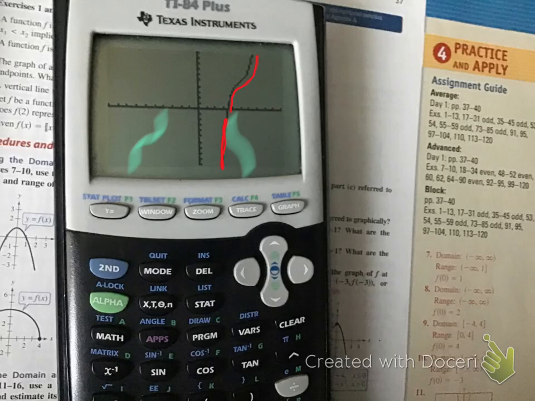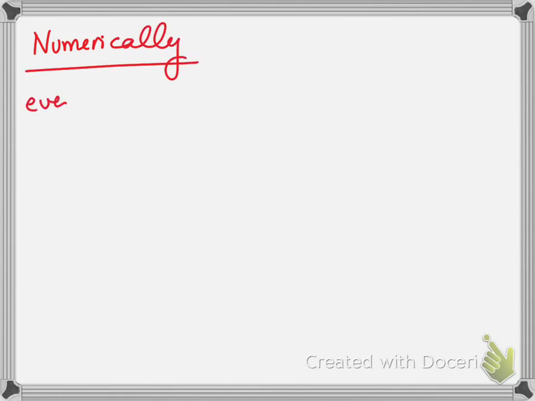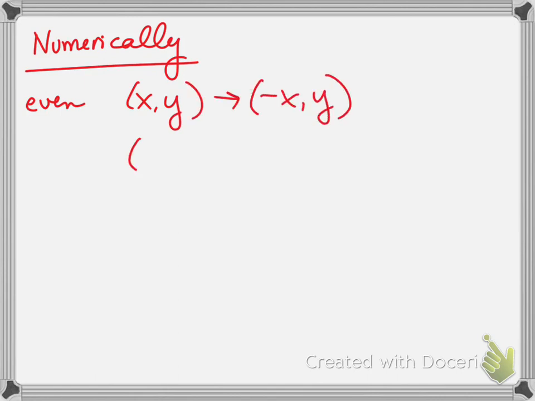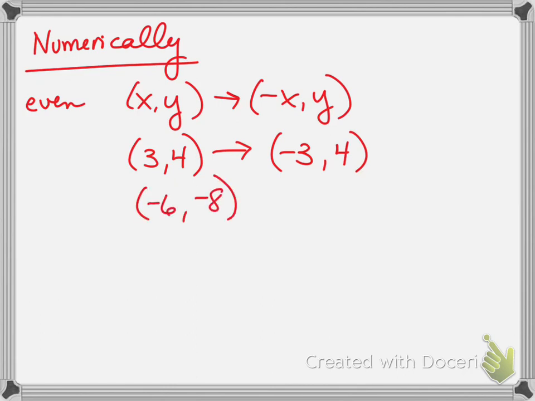Well, let me write down that rule for you right here. Numerically, it's even if every x, y point becomes negative x, y. So that means if you have 3, 4, then on your table, you also want to find negative 3, 4. If you have the point negative 6, negative 8, then on your table, x changes signs, y stays the same. And if that happens, then it's even.